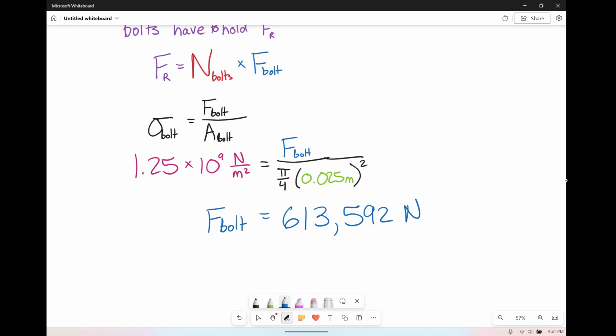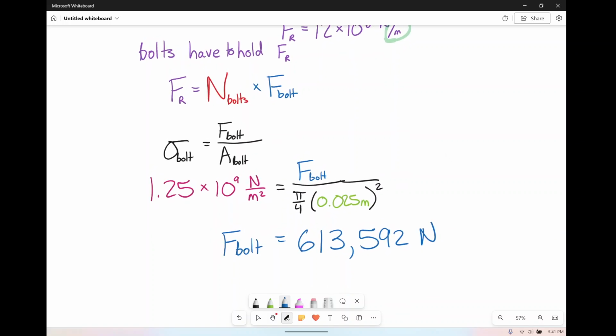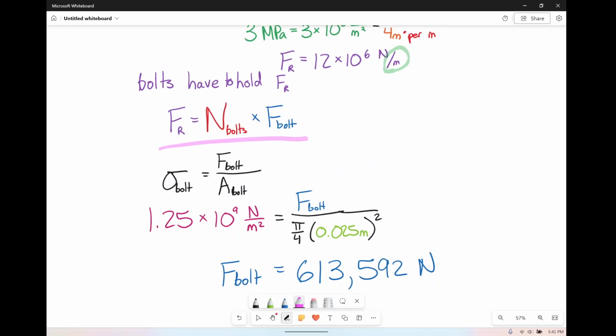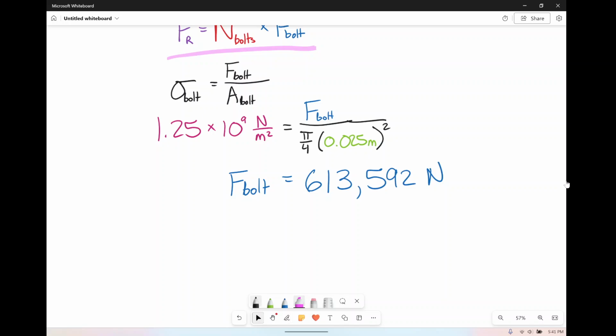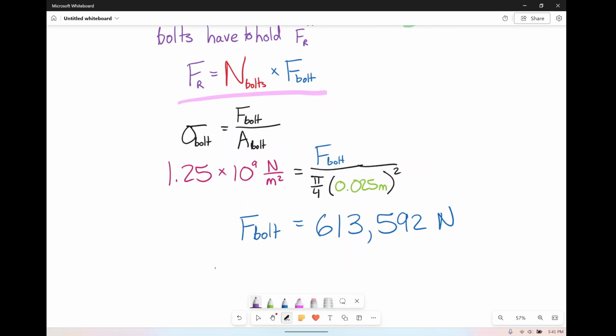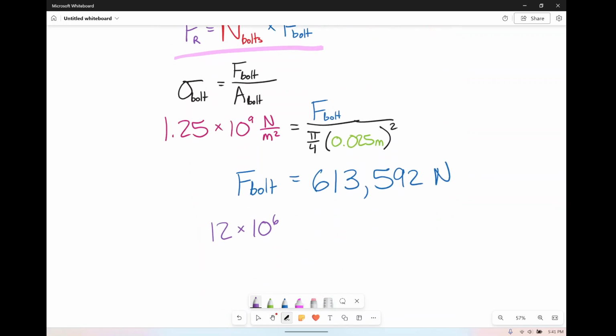But that's per bolt. And again, we have a force resultant equal to the number of bolts times the force of the bolt. And as you recall, we calculated our force resultant, so we can easily plug that in. Our force resultant, we said 12 times 10 to the 6 newtons. Technically, it was per meter of length, just going to keep that around here.